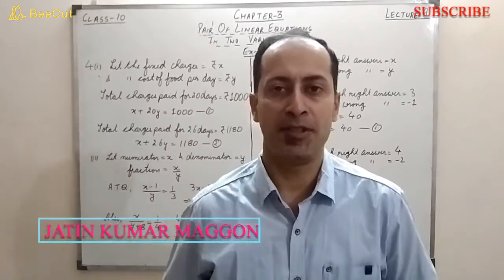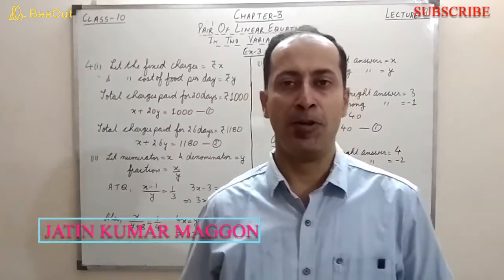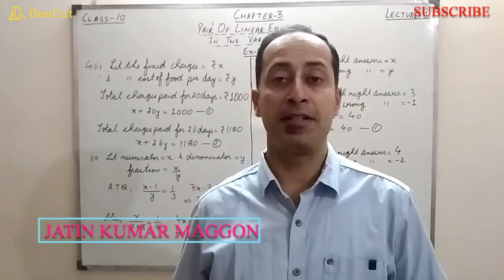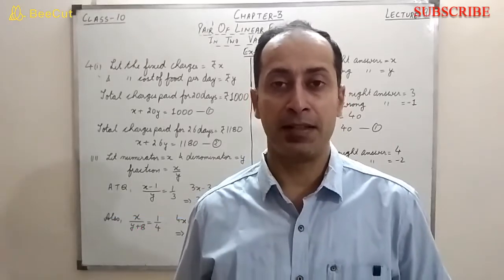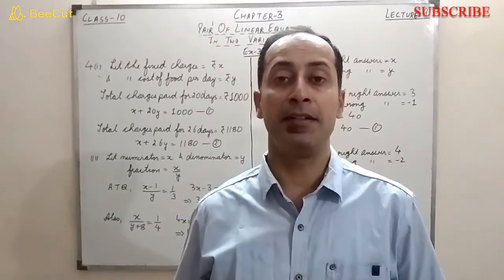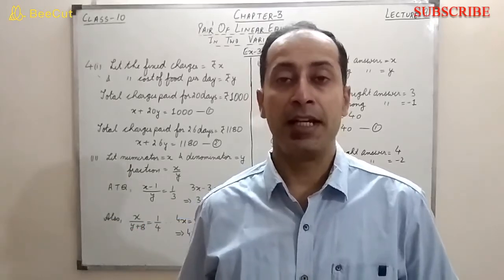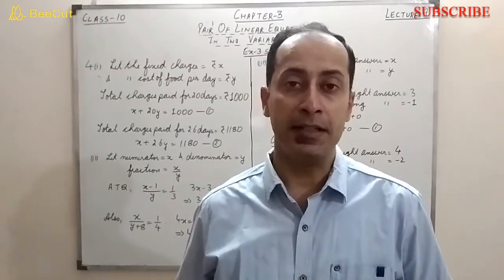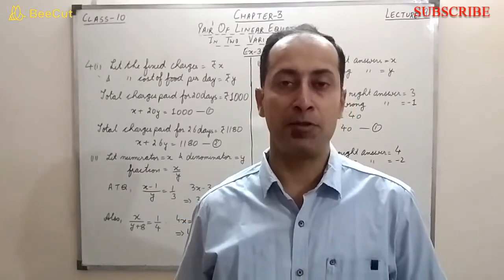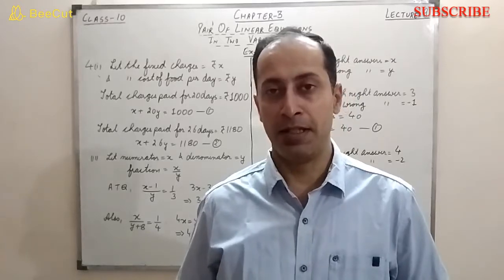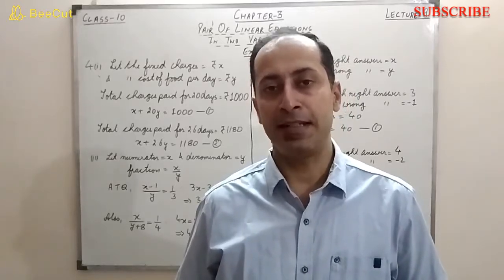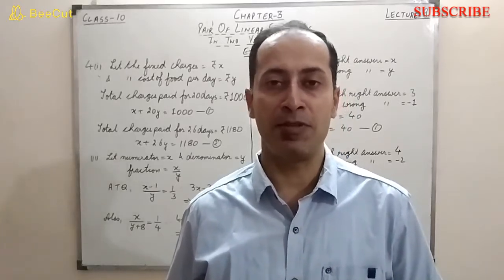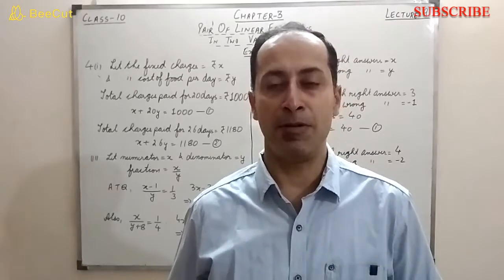So what we have to do today? Till now, we have discussed all three algebraic methods to simplify a pair of linear equations, and also how we can use the graphical method. So what's next? Next are the word problems left in exercise 3.5.